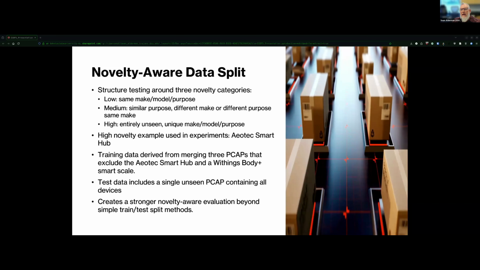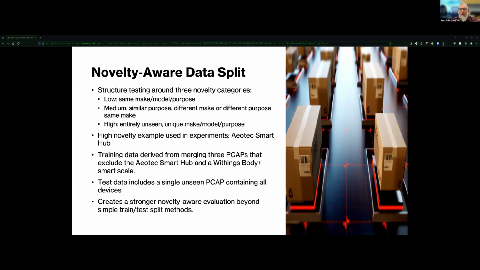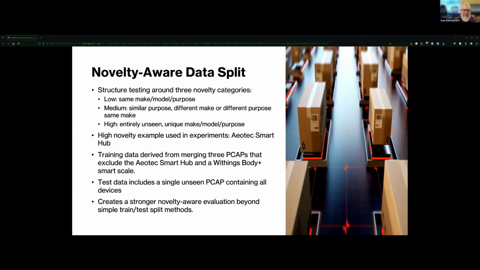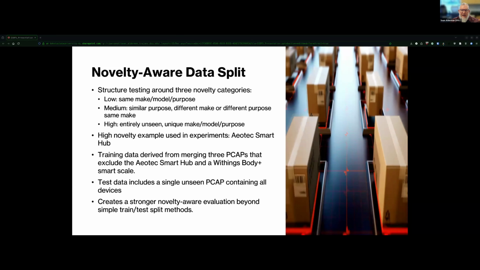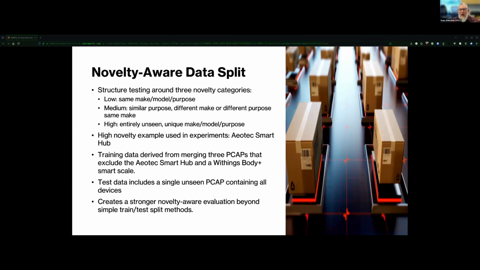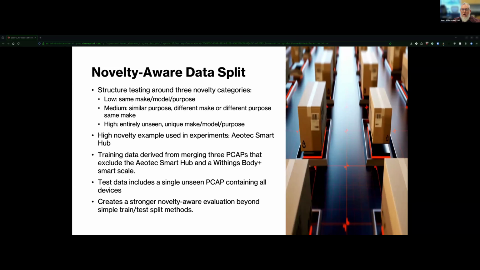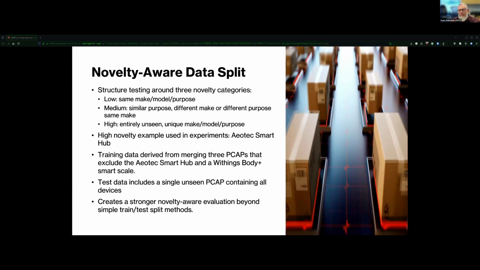And high novelty devices are completely unseen, brand new to the network, and we don't understand their model, make, or purpose. We select a high novelty device as an AOTech smart hub, and a low novelty device as one of the Withings Body+ scales in the dataset.